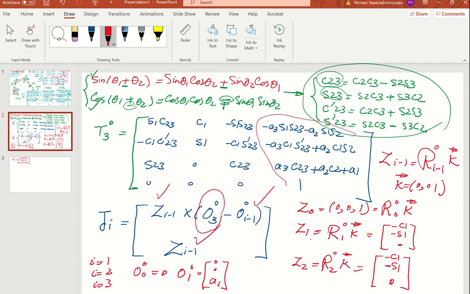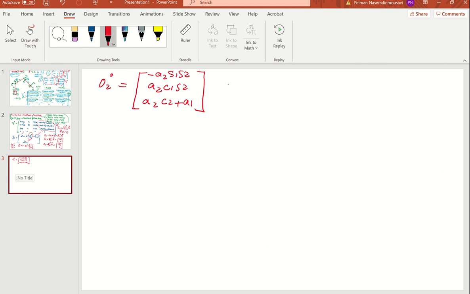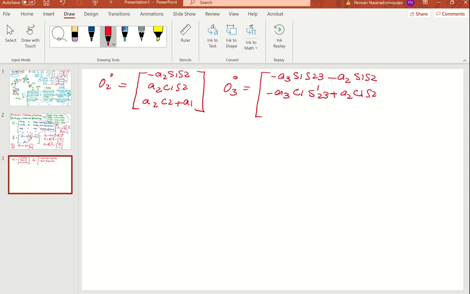Obviously, this is your O3 with respect to 0. Bingo, because it's T3 with respect to 0. So your O3 with respect to 0 is gonna be minus A3 sine 1 sine 2 3 minus A2 sine 1 sine 2 minus A3 cosine 1 sine prime that we defined 2 3 plus A2 cosine 1 sine 2, A3 cosine 2 3 plus A2 cosine 2 plus A1.